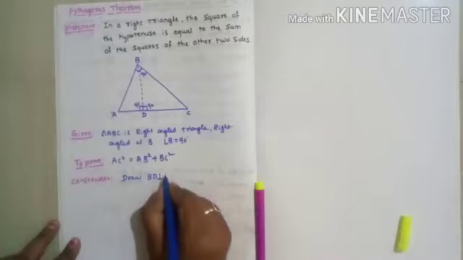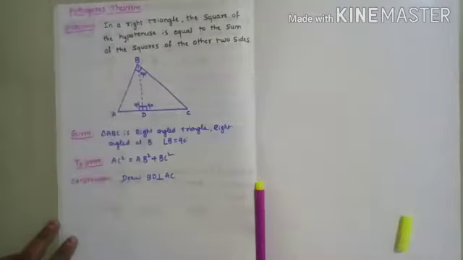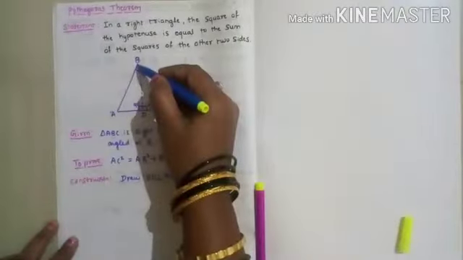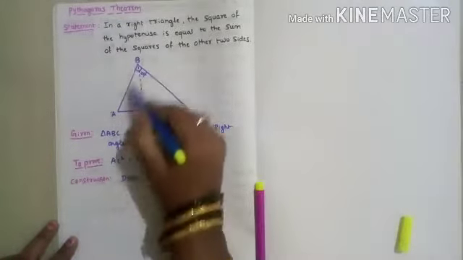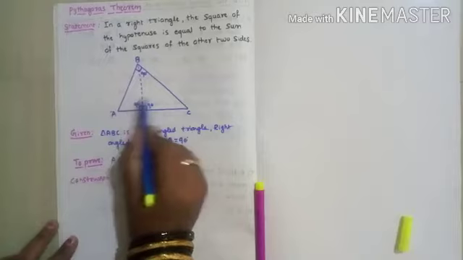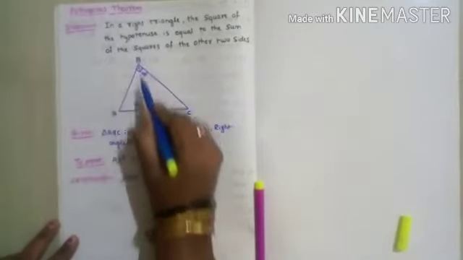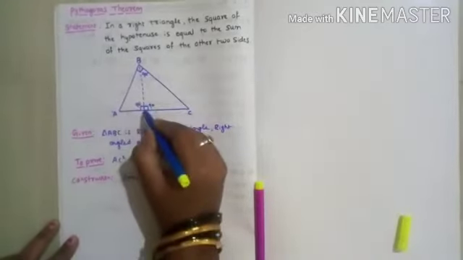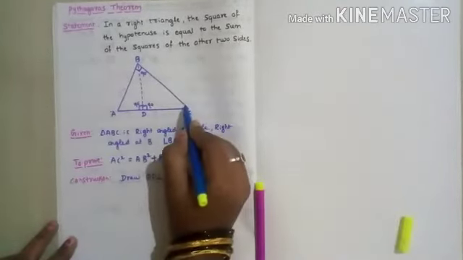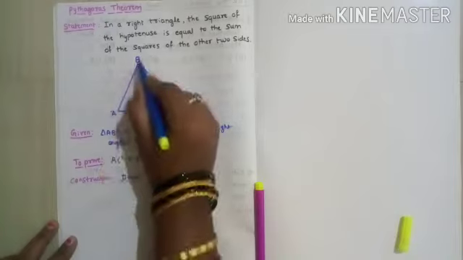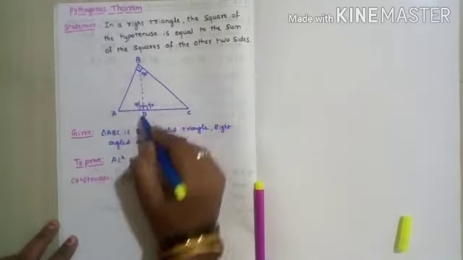BD is perpendicular to AC. After this construction, the triangle ABC is divided into two triangles. Those are ABD and DBC. The bigger triangle ABC is divided into ABD and BDC.